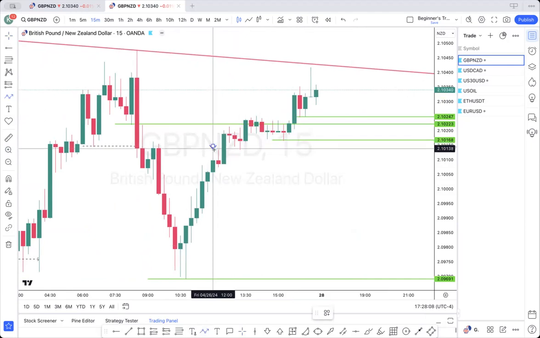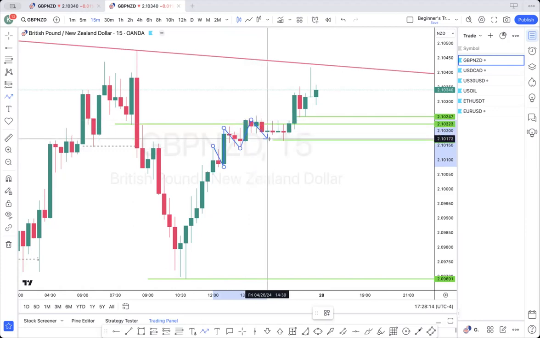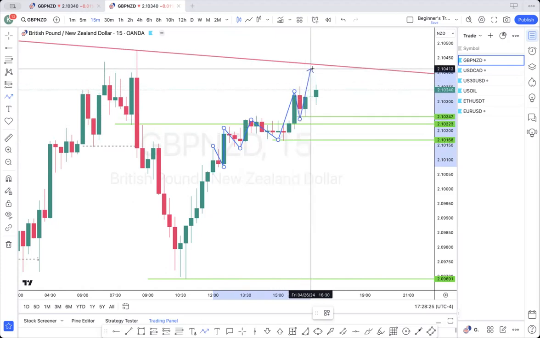You look at market structure. See, price pulled here, pulled back, pulled here, pulled back, right? And it did not break any of these lows and then pushed up and then gave a pullback and then pushed up some more, right?